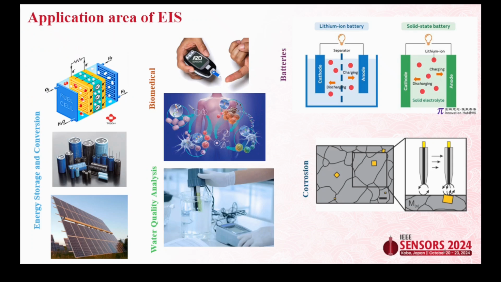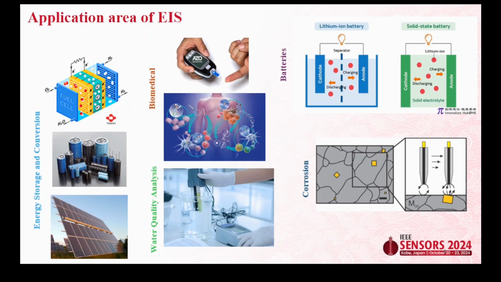Most of the recent application areas for EIS are energy storage and conversion. We all know that the fuel cell has been in talks for a long time now, and the most important technique used for the characterization of fuel cells is electrochemical impedance spectroscopy. Next are supercapacitors, which work as capacitors, but we need to check how a supercapacitor behaves at certain frequency levels.